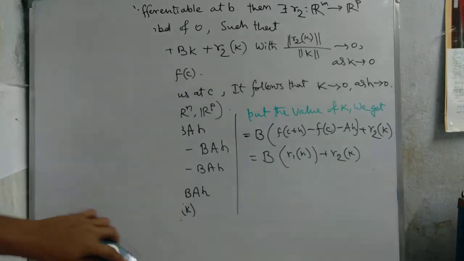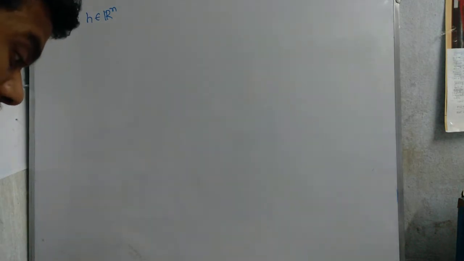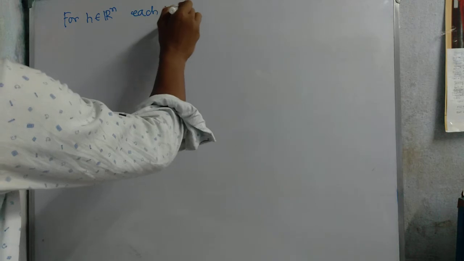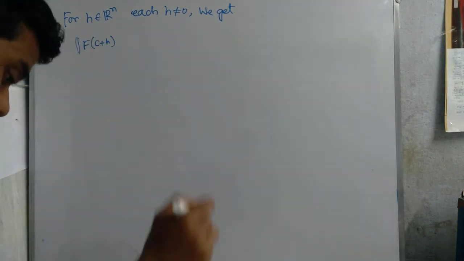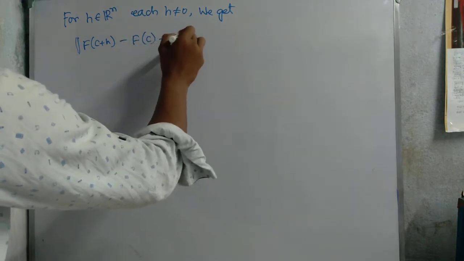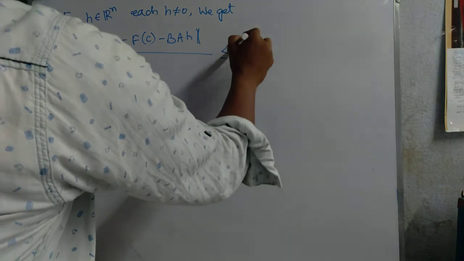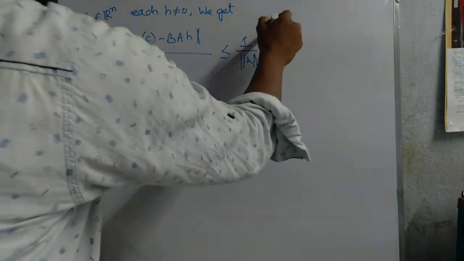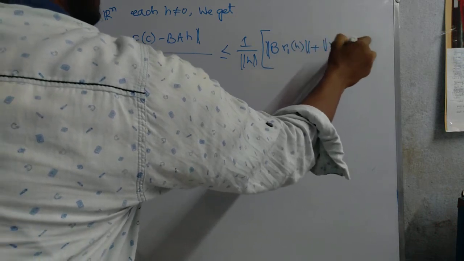For h belonging to R^n, with h not equal to 0, we get the norm of F(c+h) minus F(c) minus BAh, divided by the norm of h, is less than or equal to 1 over the norm of h times the norm of B times R1(h), plus the norm of R2(k).